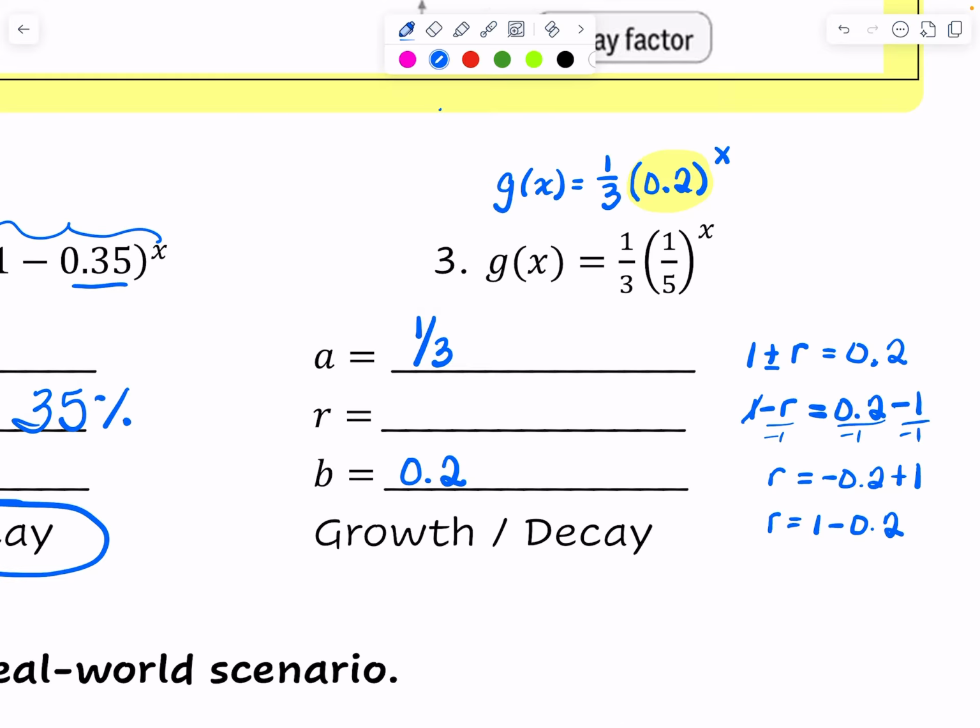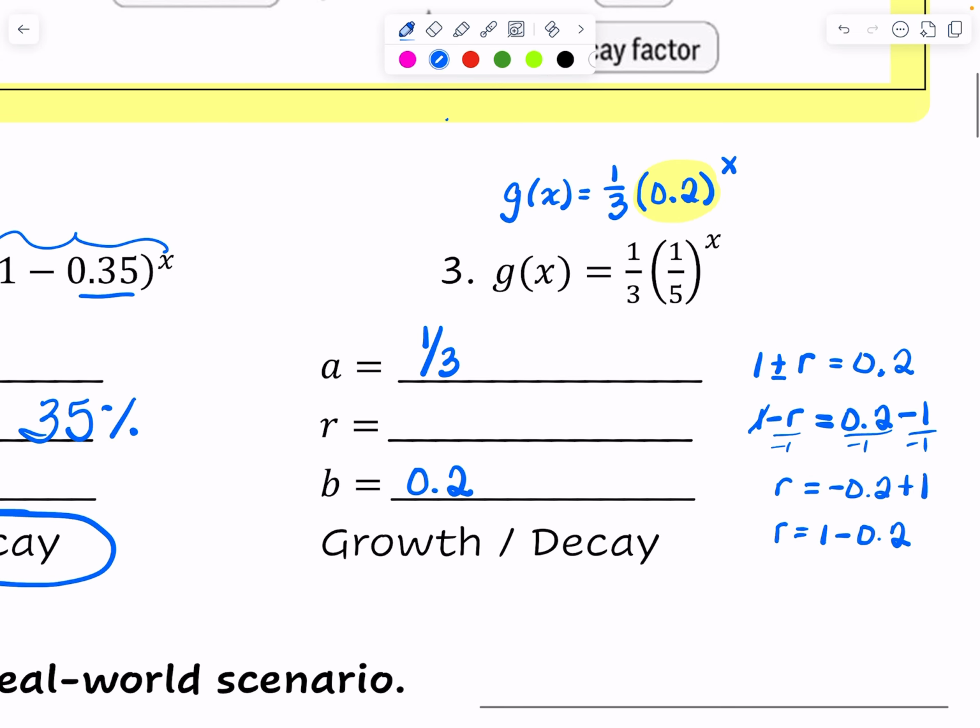But let me show you this formula that we talked about in class that does this exact same thing. We said whenever they give us A and they give us B, here's what we're going to do. We are going to take the B value minus 1, and that will equal R. Okay.